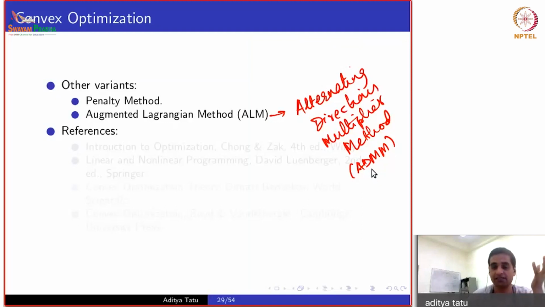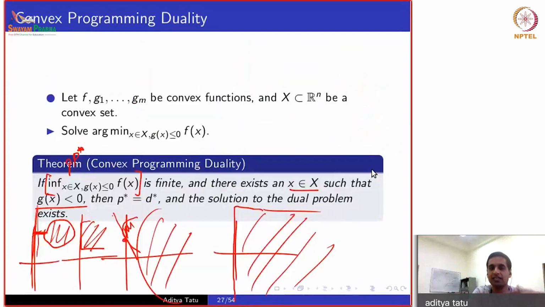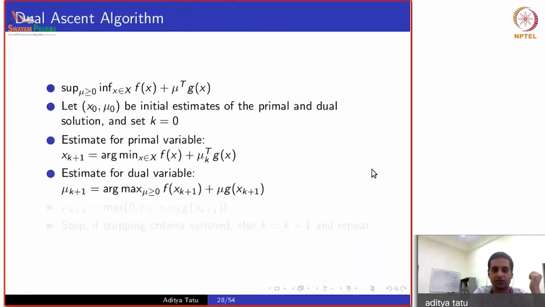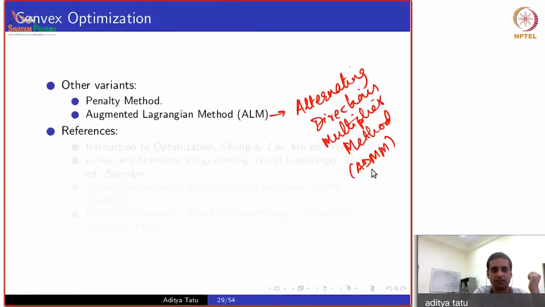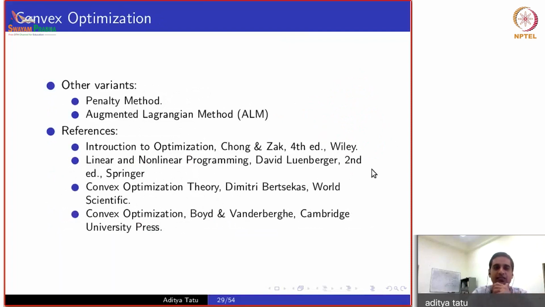There are several theorems for strong duality. So one set of conditions is convexity, as I've stated here. But strong duality can hold for several other conditions also. So this is not the only condition, and of course, given the time, I will not go into several other conditions. But if you are interested, and if I have not tortured you enough, you can look at some of these references.